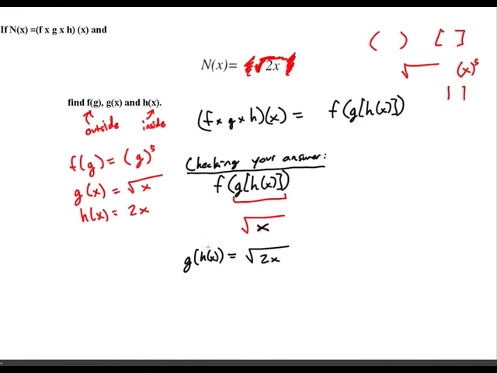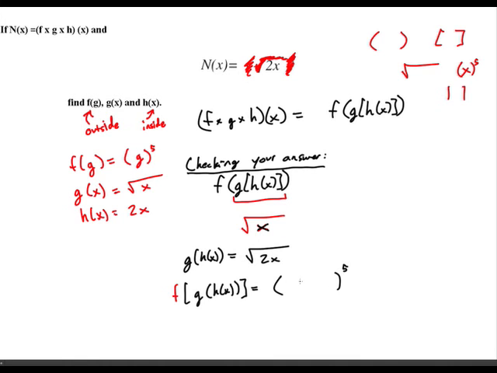So I'm going to take this square root of 2x and I'm going to plug it back in to my f of g. So I have to say f of g of h of x. So we're plugging in to our f, which is equal to, well, my f is something on the inside, where my g is, to the 5th power.